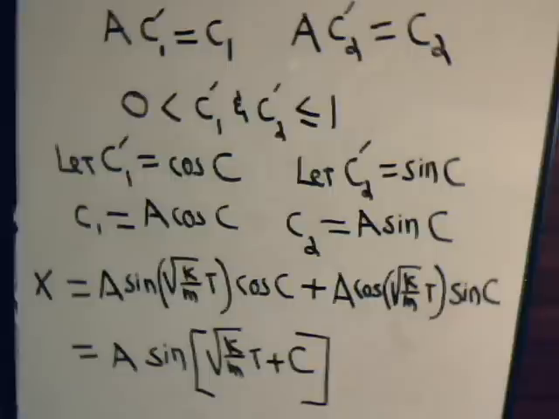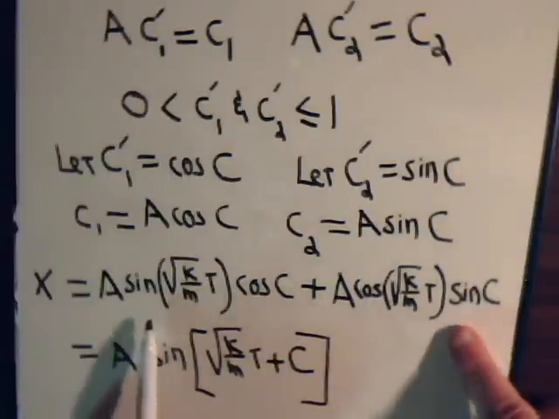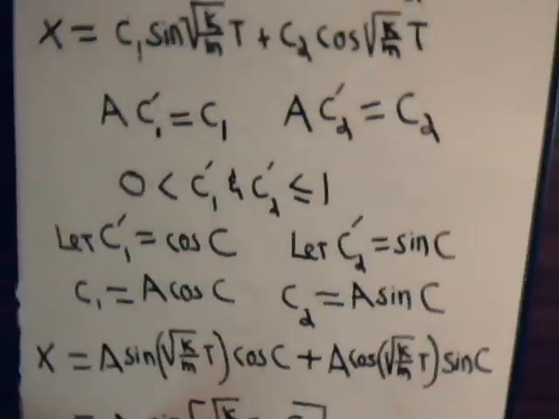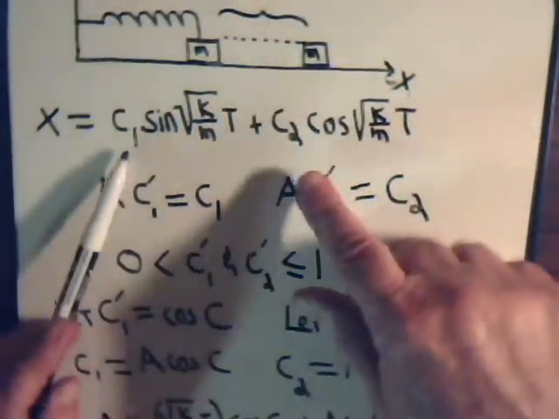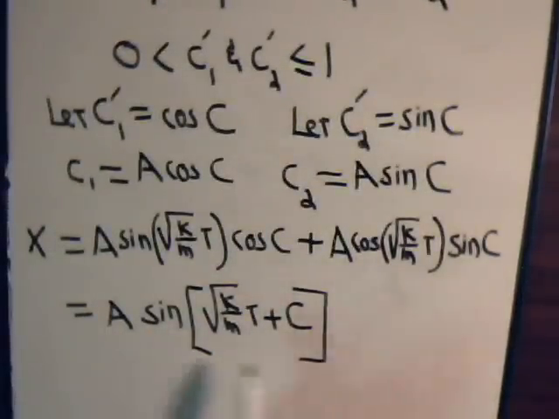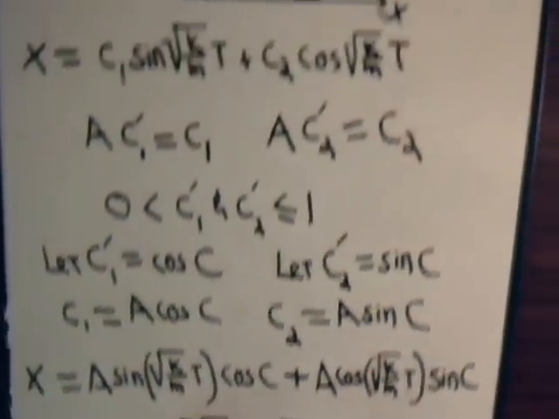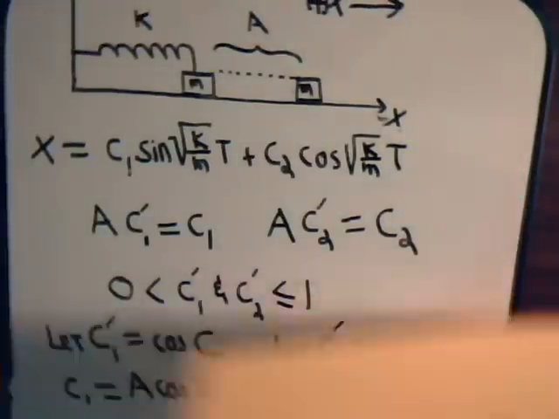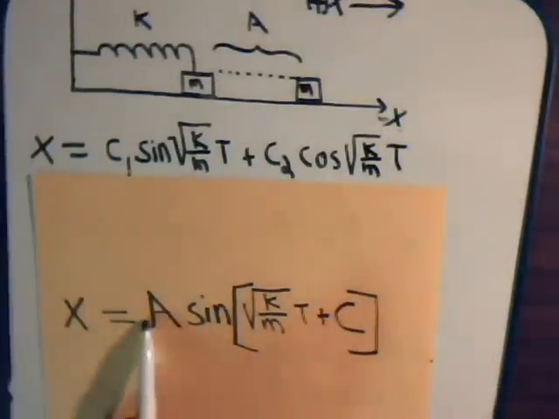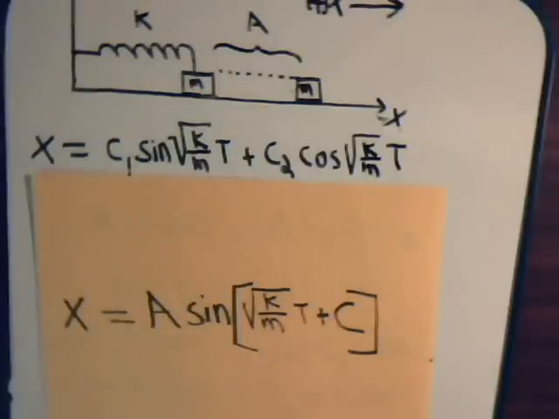So what we have shown is that this equation, which is the same as this one after we fiddled around with these arbitrary constants, gives us this. So indeed the results are consistent when we have x written like this, or when we have x written like this.